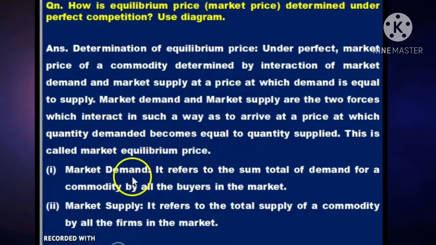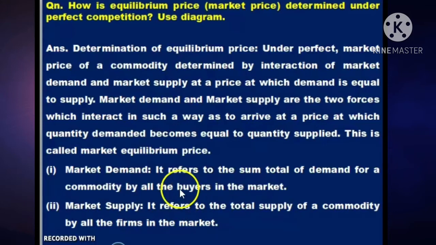Market demand, as you studied earlier, refers to the sum total of demand for a commodity by all the buyers in the market. Market supply refers to the total supply of a commodity by all the firms in the market.